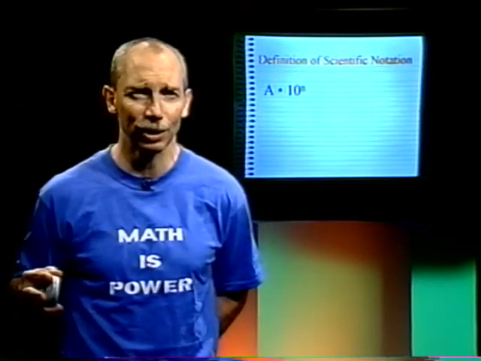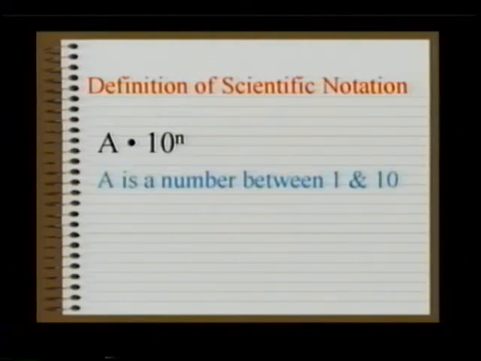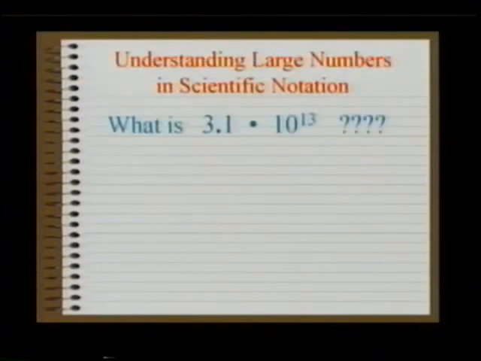Okay? Remember the definition of scientific notation. Taking a very small or very large number, changing it into the form a times 10 to the nth, where a is a number between 1 and 10, and n is some integer, whether it be positive or negative, or it could even be 0. For instance, 3.1 times 10 to the 13th is in scientific notation.